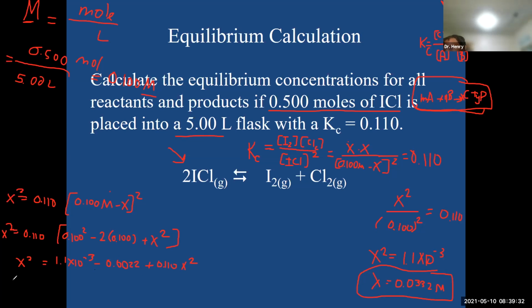So if we bring everything to the other side of the equation, we'll have 1 minus 0.11, which is 0.89 x squared, plus 0.0022x, minus 1.1 times 10 to the minus 3.